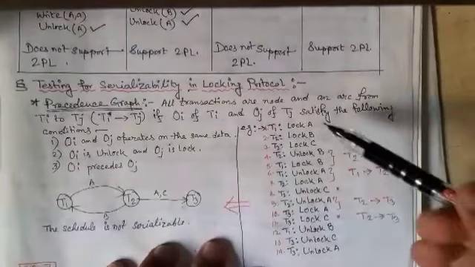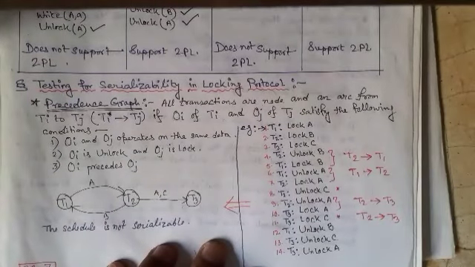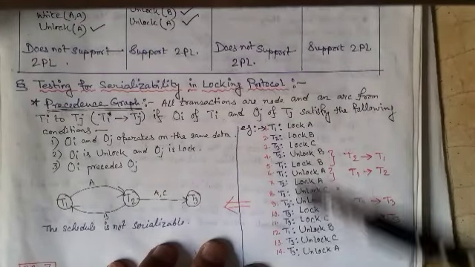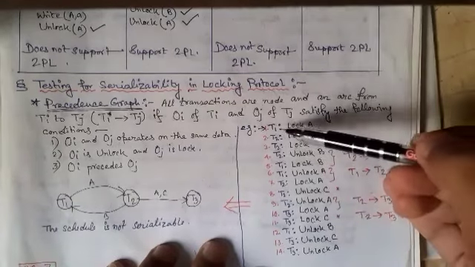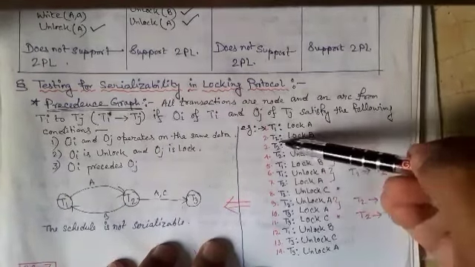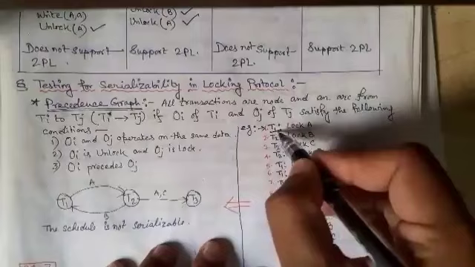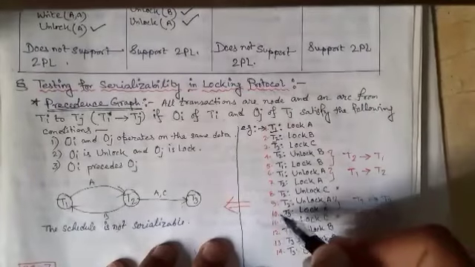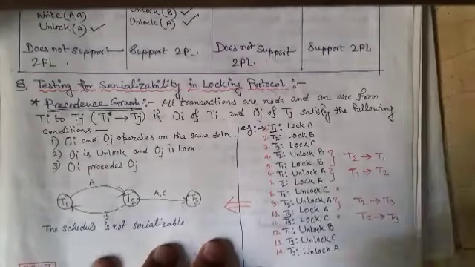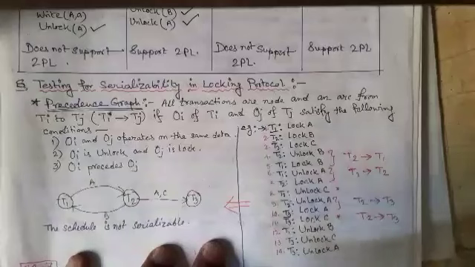Here is an example of some concurrent transactions. Here there will be three transactions, T1, T2 and T3. So we write T1, T2 and T3, three nodes.